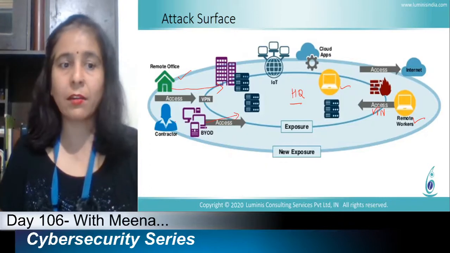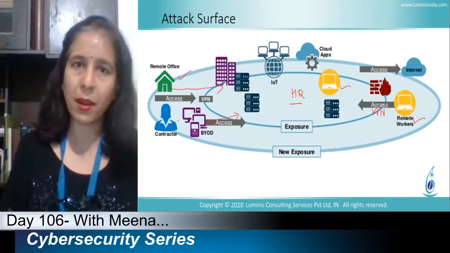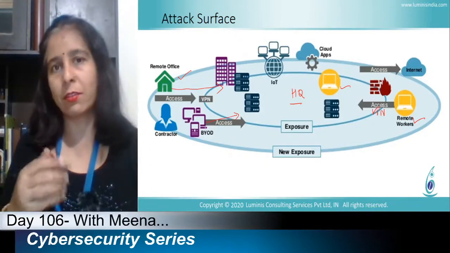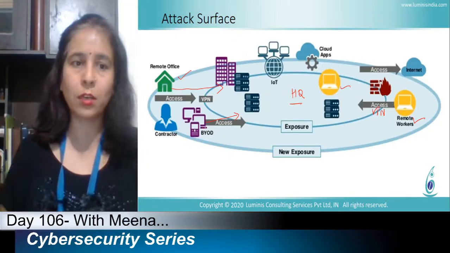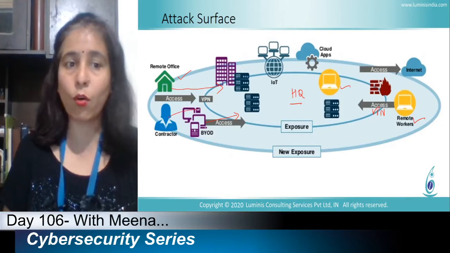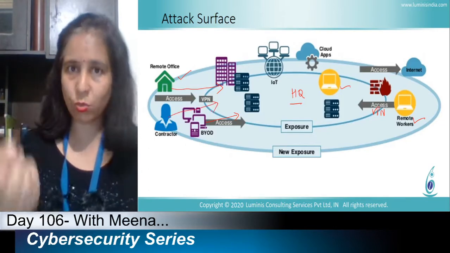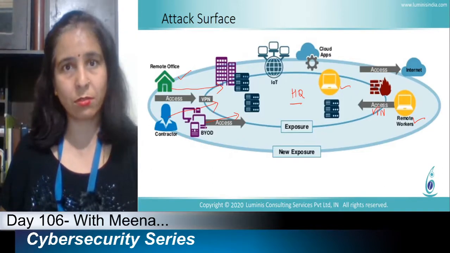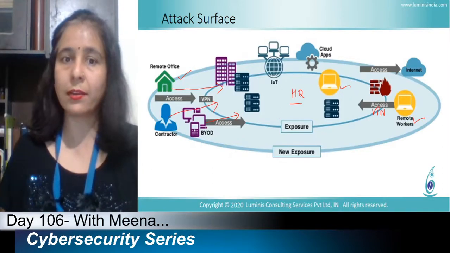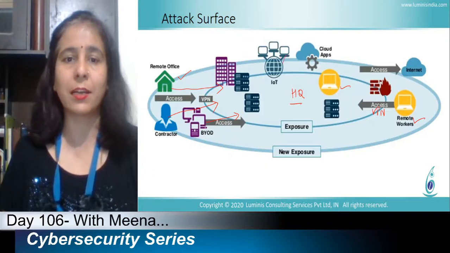We are also using third parties. We have partners or contractors who will also access our data and our network, so that is another way of giving access to our network. A number of IoT devices are also accessing our network.